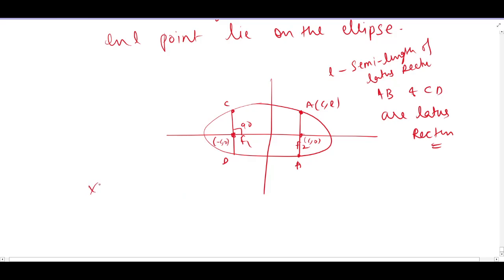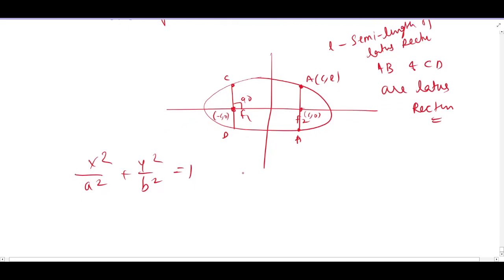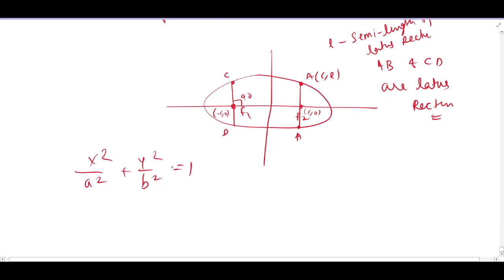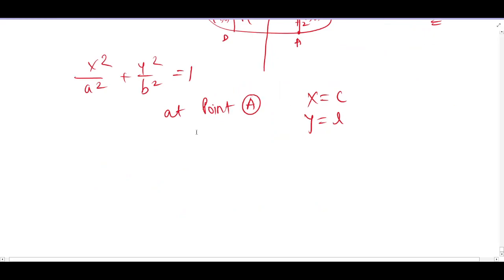So by the equation of ellipse, x square by a square plus y square by b square is equal to 1. At point A, x equal to c and y equal to L. So put this x and y in the ellipse equation.